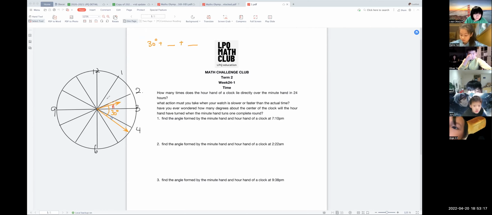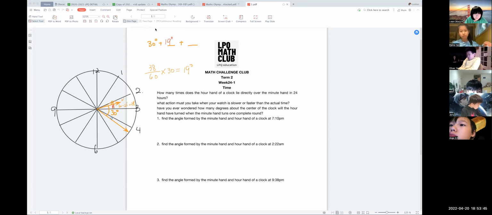So obviously, this part is 22 minutes, and this red part is actually 60 minus 22 equals 38 minutes. Or you can calculate this part and use 30 minus that one. So it should be 38 over 60 times 30, which equals 19 degrees. So the red part is 19 degrees.